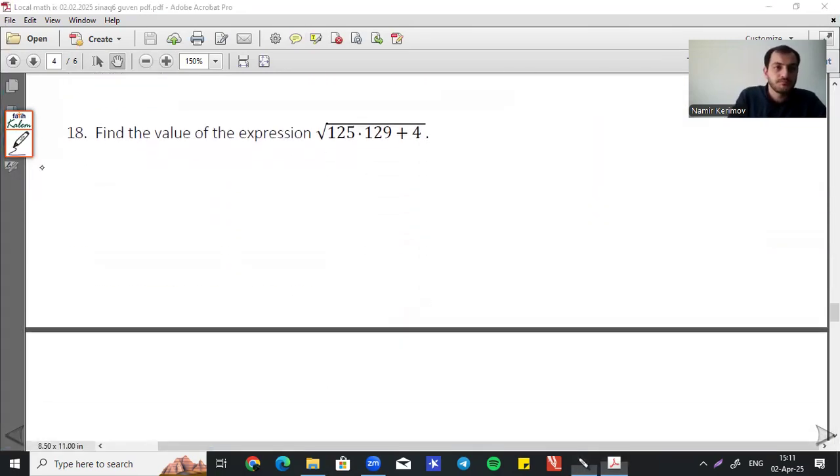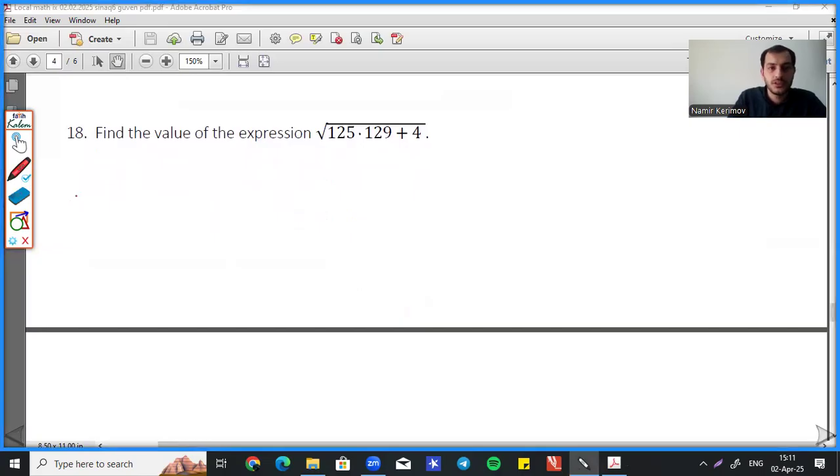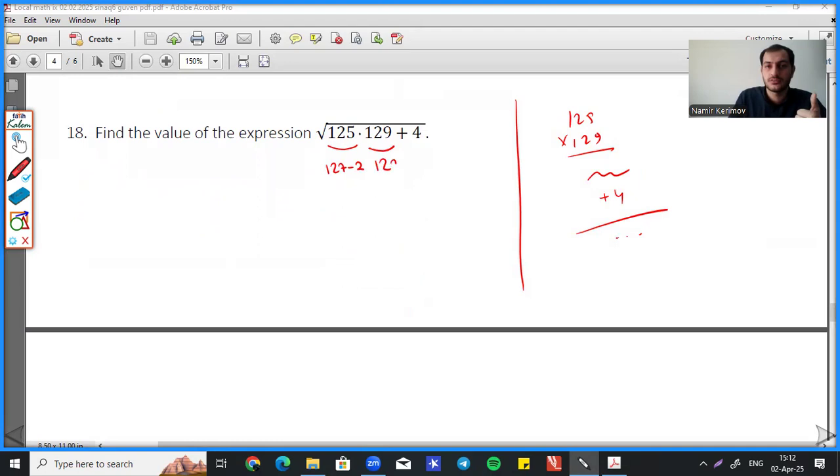Question 18. Here, maybe you can multiply them. You will get the number, and then you can add 4. After adding 4, you can factorize it. You can take this out of the square root, or we can say that 125 is 127 minus 2. 129 is 127 plus 2.